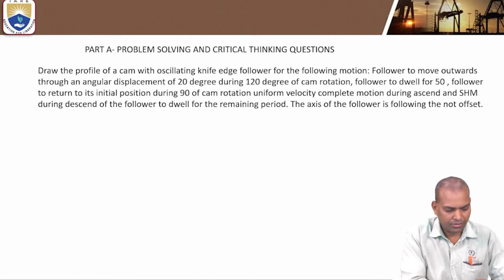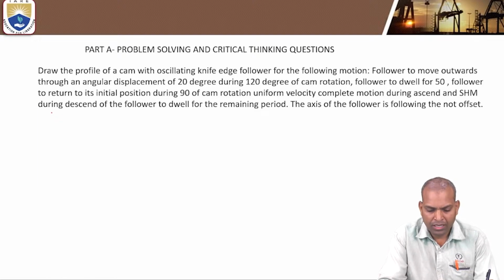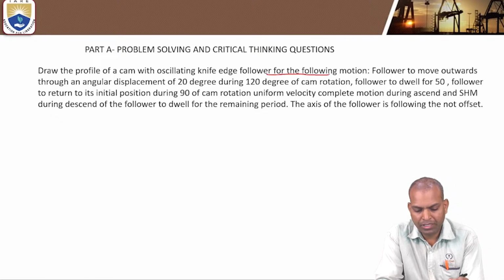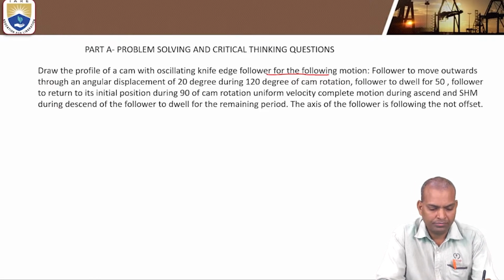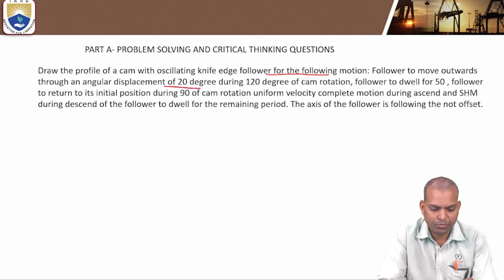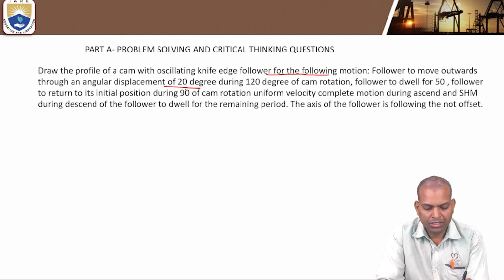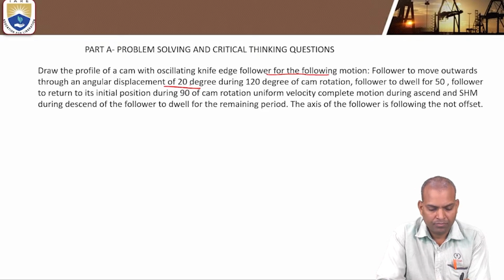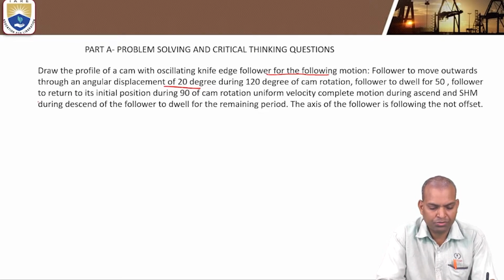So here it is. The oscillating follower is a knife edge follower. It is having a motion when the follower moves outwards through an angle or displacement of angular 20 degree during 120 degree of cam rotation, and the follower dwells for 50 degree and it returns to its initial position during 90 degree of cam rotation.